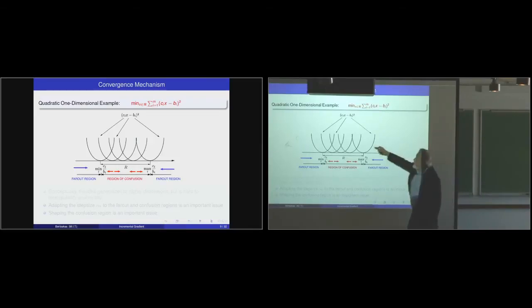Then it will pick a component, one of these quadratics, and no matter which component it picks, it's going to go in the right direction. It's going to move to the left towards the location of the minimum. Similarly, if you start far out to the left, you're going to be going in the correct direction, regardless of the component that you pick.